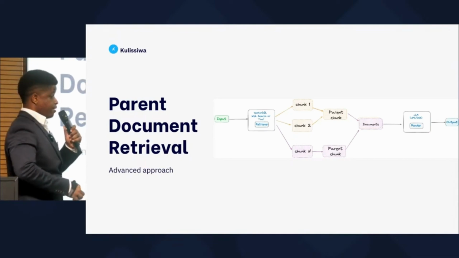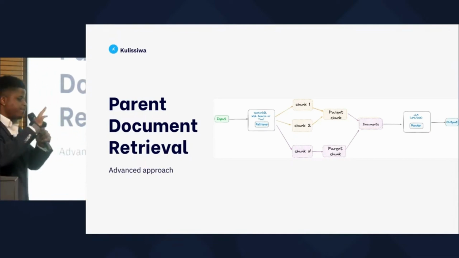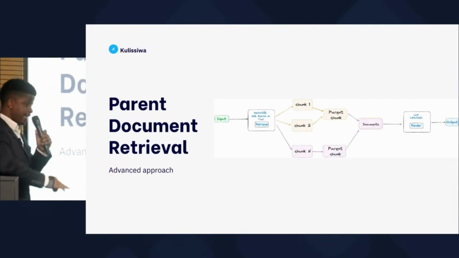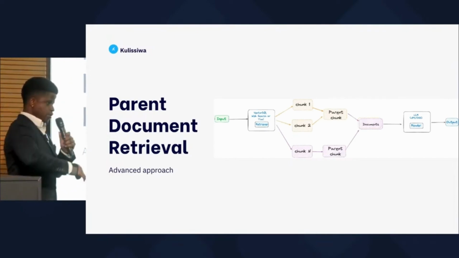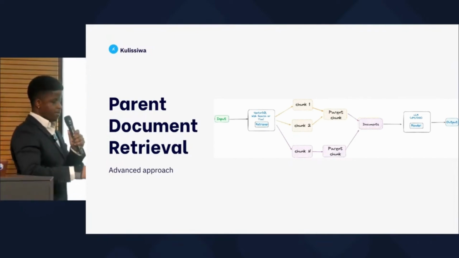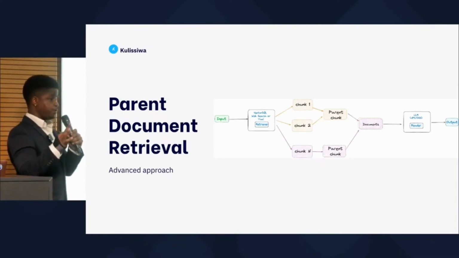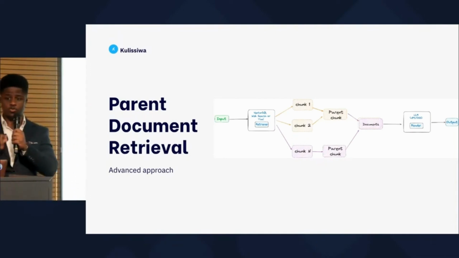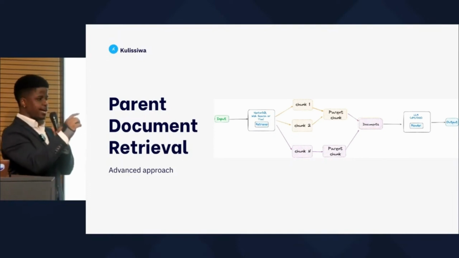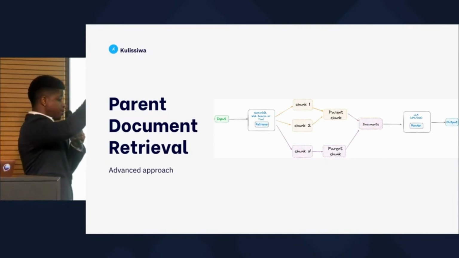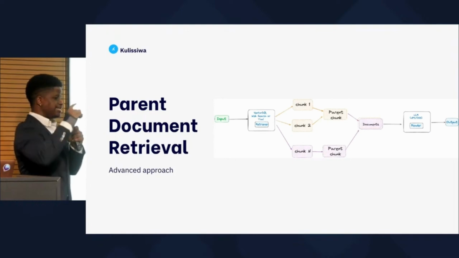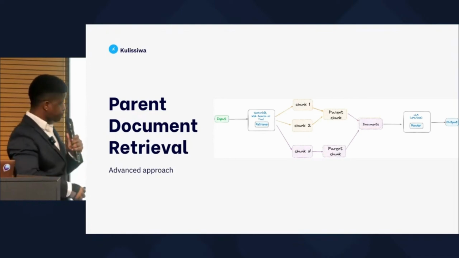So now, because you can infer that the question that the user is asking is within that page, if you return the entire page and you have a powerful model like GPT-4, for example, it will be able to find the answer better than if you are just returning that chunk, because that chunk could be the most similar to the query, but doesn't contain the full answer, right?